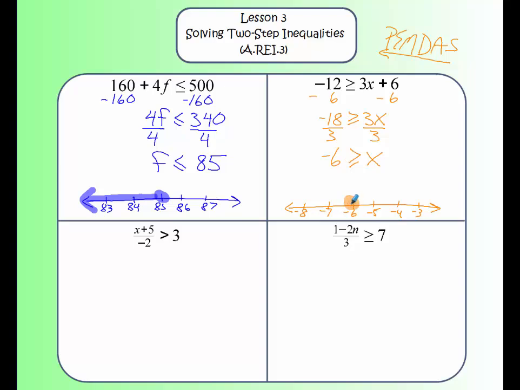And I want all of the numbers that are less than or equal to negative 6. You can read this from right to left. You can say x is less than or equal to negative 6. So numbers that are less than negative 6, those are numbers like negative 7 and negative 8, and therefore the arrow goes that way. My solution set is everything less than or equal to negative 6.